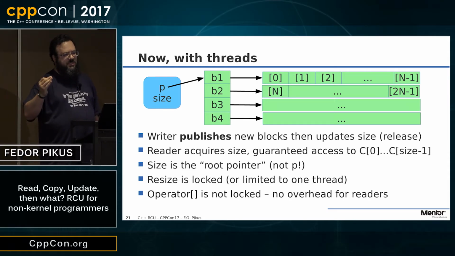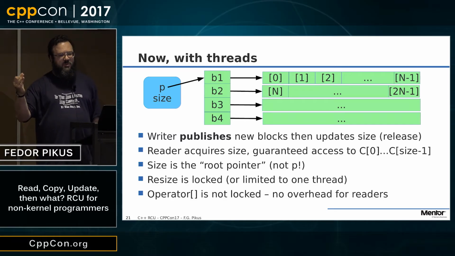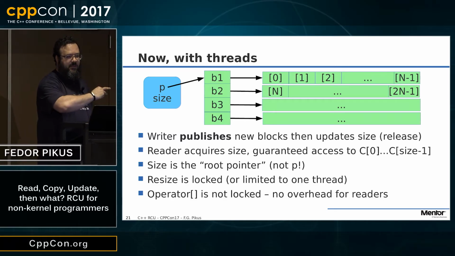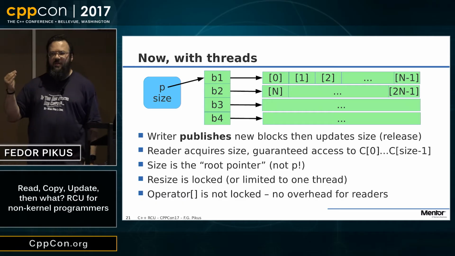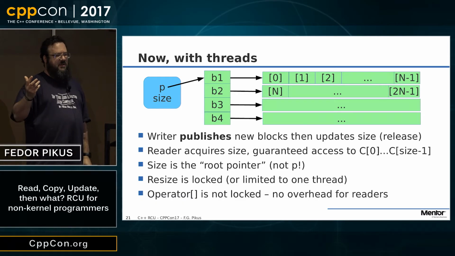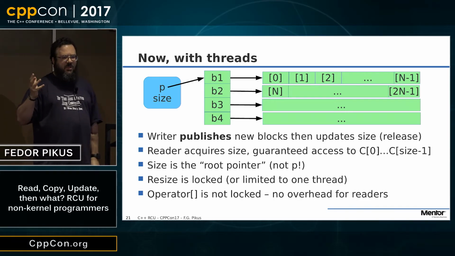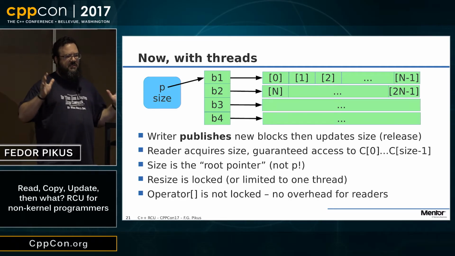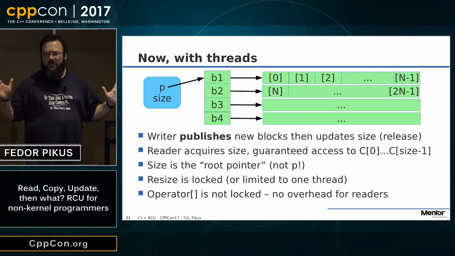It's just a preparation step. What actually reveals the existence of this data to the rest of the universe is updating the size. So size plays the role of the root pointer here. When I update the size, that is the signal that you can access that many elements. Until I update the size, you don't know whether it's safe for you to access these new elements. So you can only access as many elements as the size tells you are present.